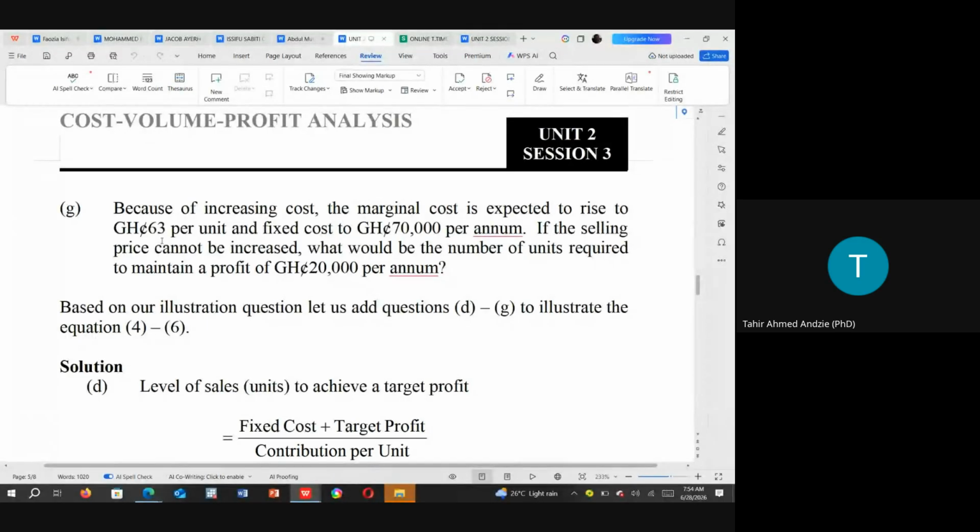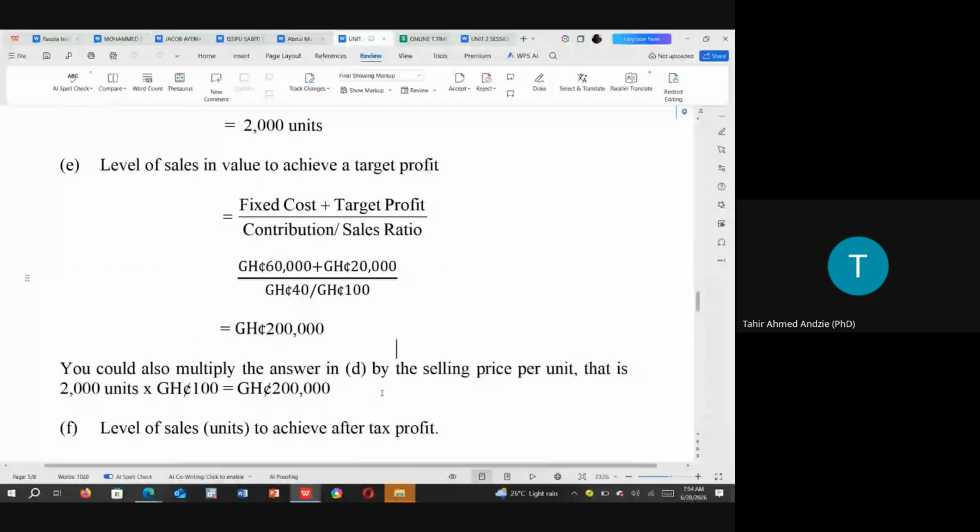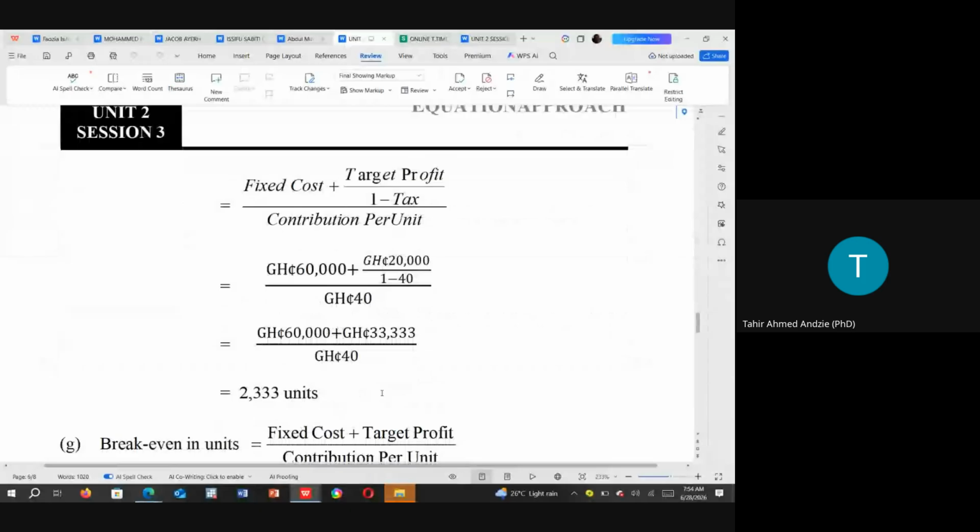You remember that marginal cost is the same as the variable cost. It is expected to rise to 63 per unit and fixed cost to 70,000. If the selling price cannot be changed or increased, what will be the number of units required to maintain a profit of 20,000? This is not what has been done here. They have rather solved for the break-even points.